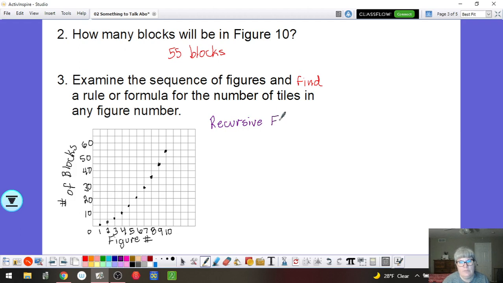And a recursive formula starts with notation of what the first term is. So f of 1 was 1 block. Now the 1 in the parentheses is the figure number, and the 1 that it equals is the number of blocks.